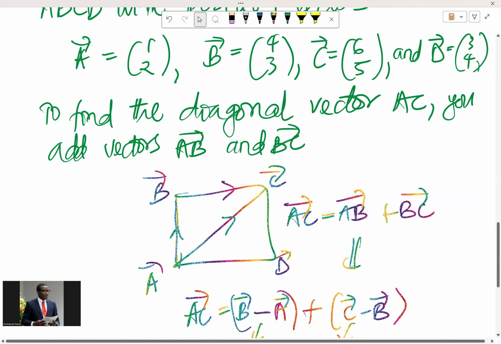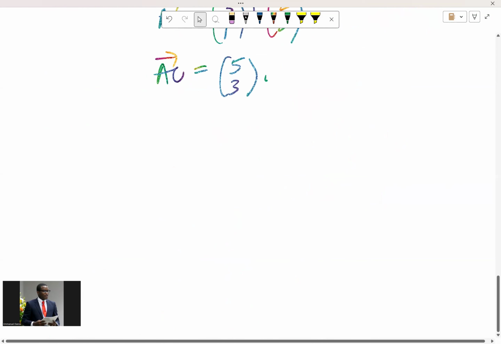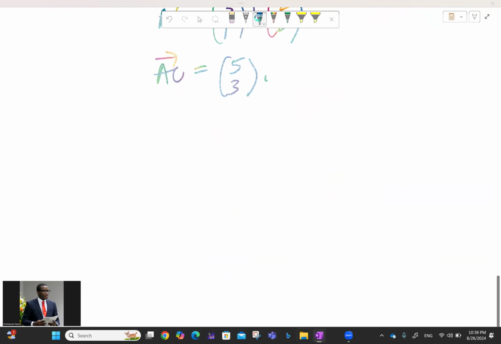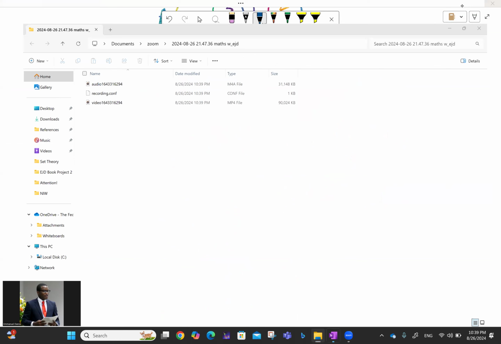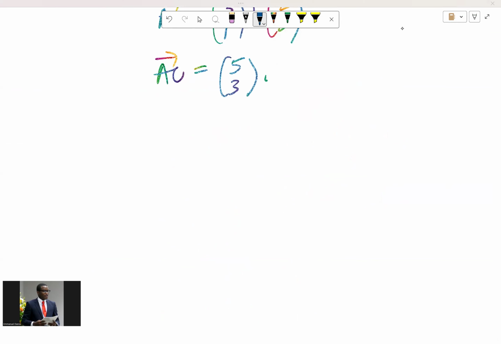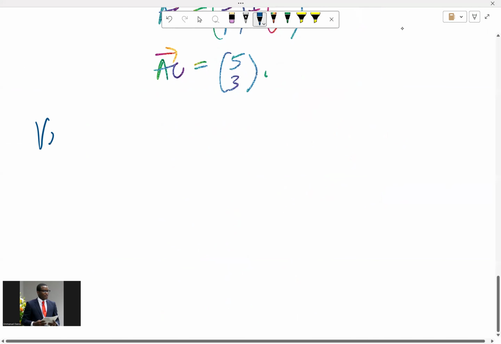Still under geometry, let's look at vector projections. That's the second application under geometry, vector projections.